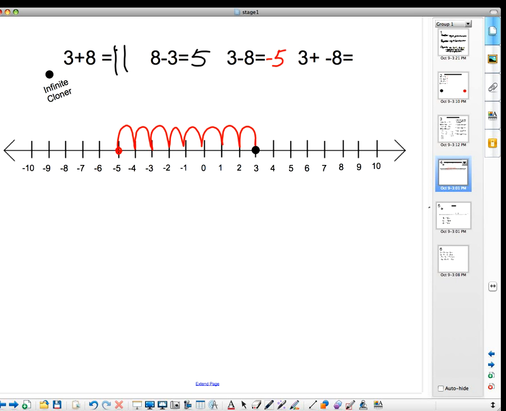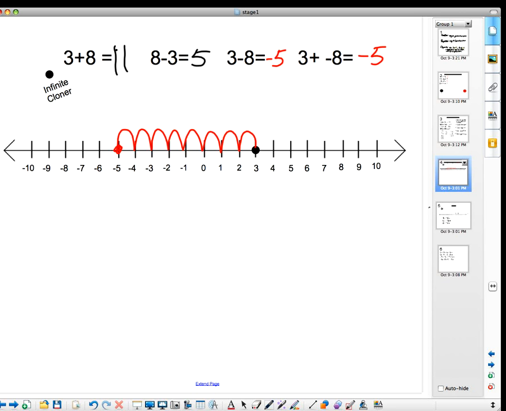Now this is possible because now we have negative numbers. I can also start at 3 and say 3 plus negative 8. Well, once again, I'm going to go in the negative direction, 8 spaces, and that brought me again to negative 5.